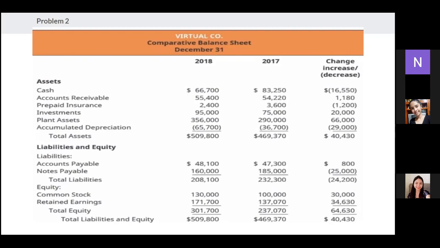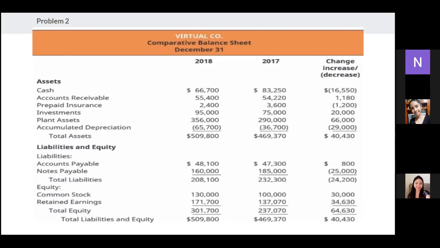For prepaid insurance naman, for the year 2018, we have 2,400, while in the year 2017, we have 3,600. So it decreased in the amount of 1,200. So in plant assets naman, we have 356,000 in the year 2018, while in 2017, we have 290,000.